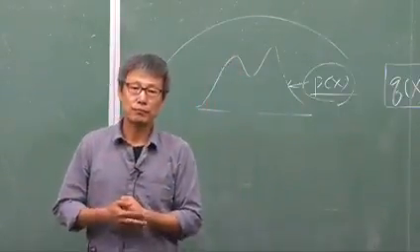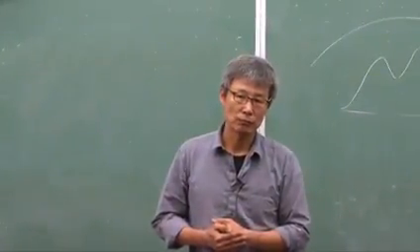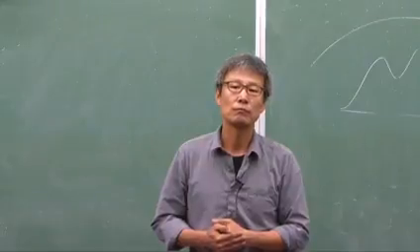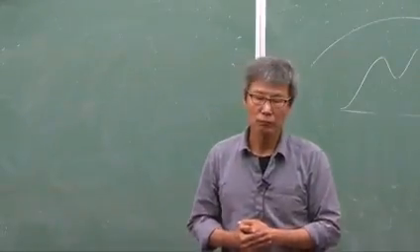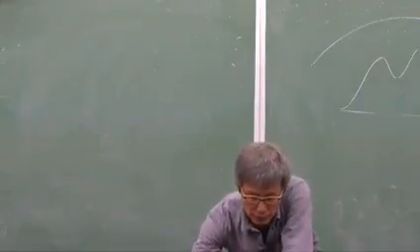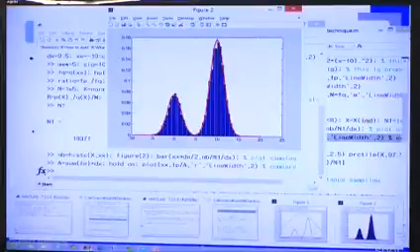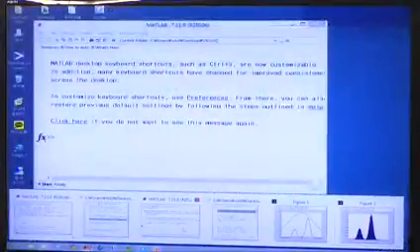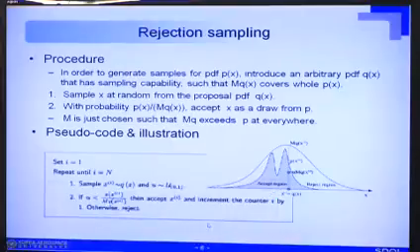Would it be correct if I say the acceptance rate of the sampling is just determined by the ratio of the areas of the distributions? Yes. So for example, in the slide, I think the acceptance ratio is about 50% according to the ratio. Out of 10,000, we had about 20,000.